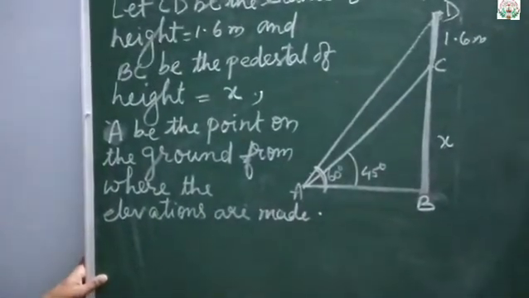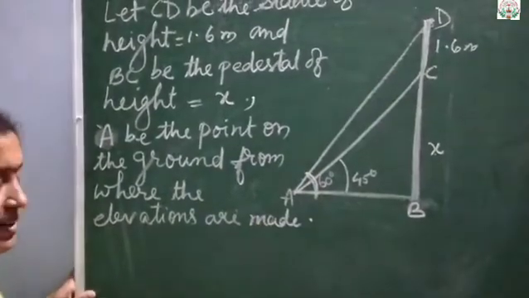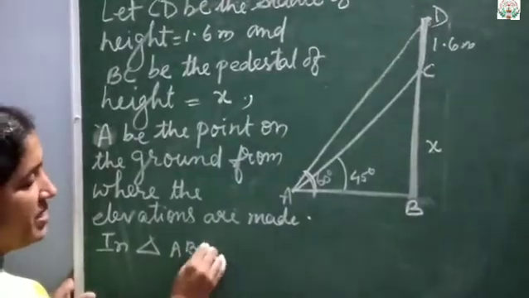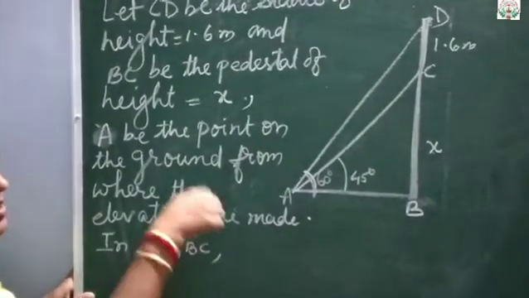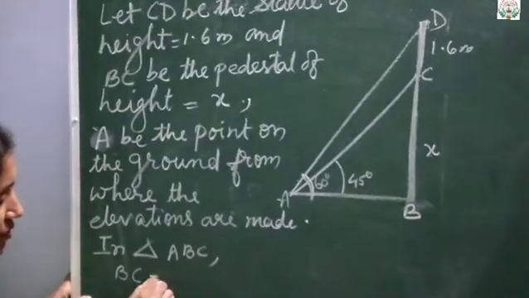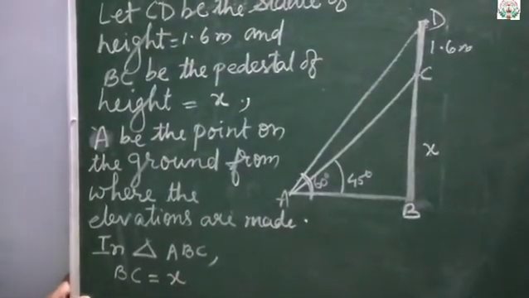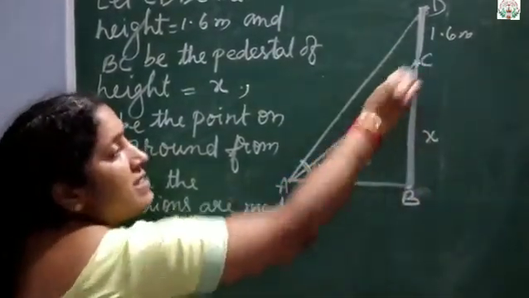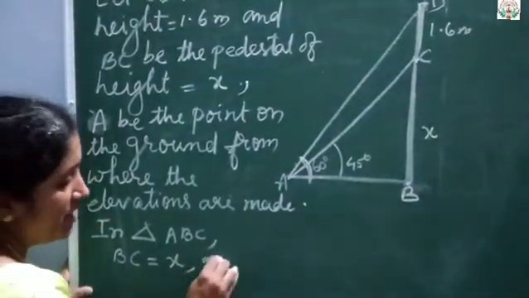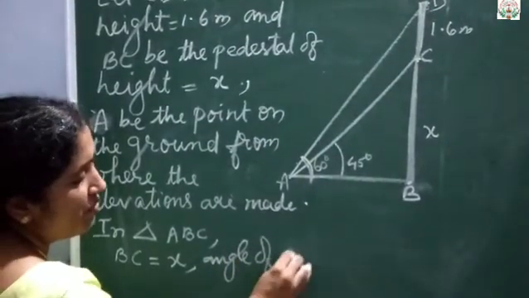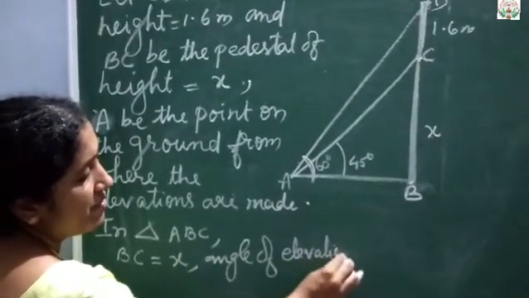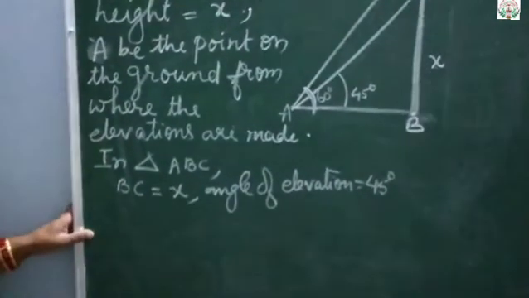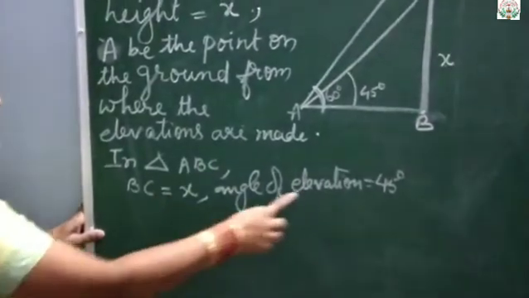So now in triangle ABC, BC equals to x, because the height of the pedestal we have taken as x, and angle of elevation is equals to 45 degree. Okay, so now P is given, angle is given.